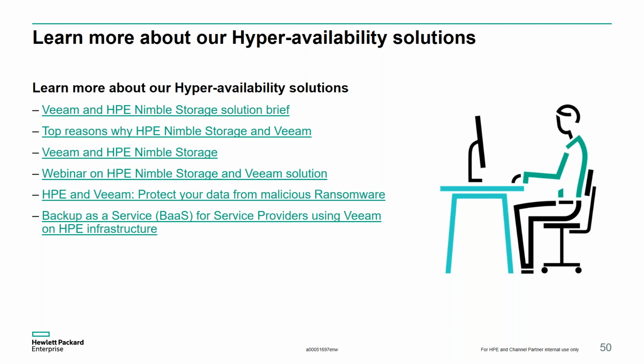And as Nick said, proof of concepts with Veeam and Nimble are very successful and very easy to perform. So I'd invite anybody to talk to their local SE or local sales representative from either HPE Nimble or Veeam to ask for that level of interaction.